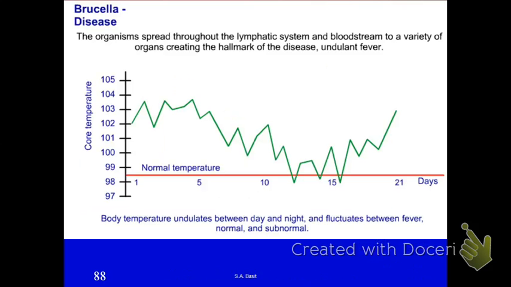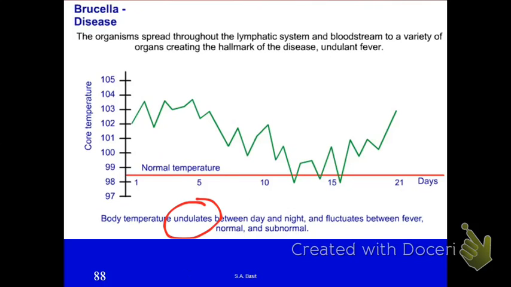Now, this is the reason why we call it undulant fever. The organism spreads throughout the lymphatic system and bloodstream to a variety of organs, creating the hallmark of the disease, which is undulant fever. When we say undulant fever, the body temperature literally undulates between day and night and fluctuates between fever, normal, and subnormal.